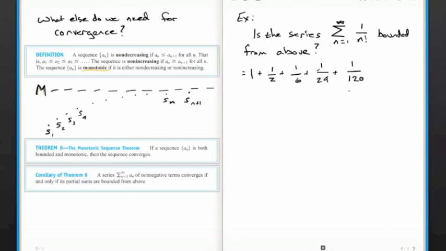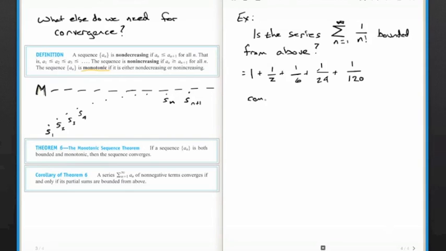Now, we don't know much about this, right? Because it's not one of these nice geometric series. It's not one of these nice telescoping series. So what can we do? Well, why don't we compare it to one that we know?